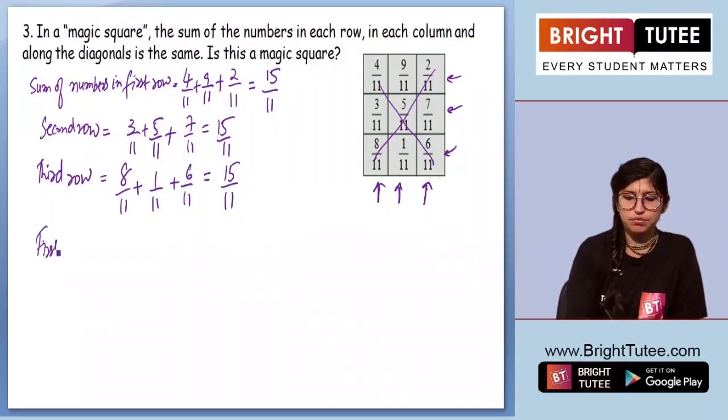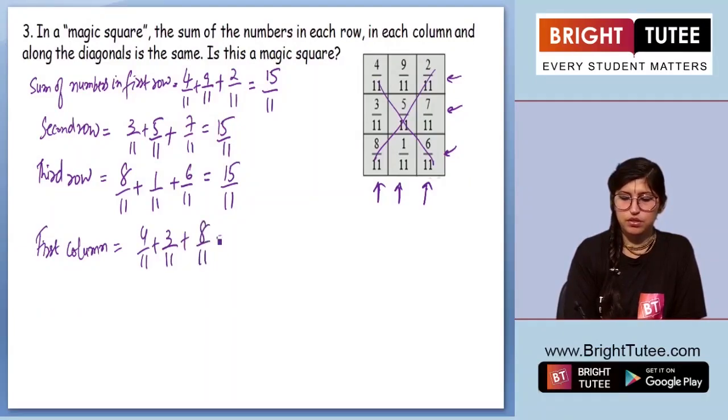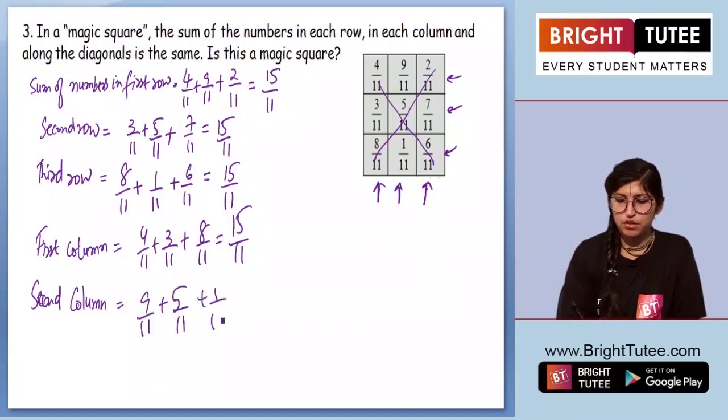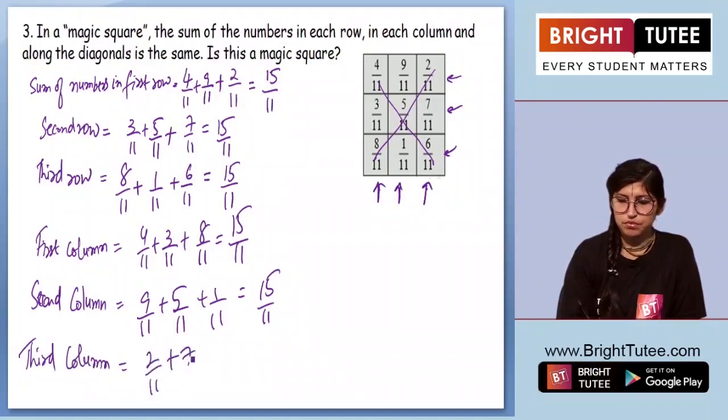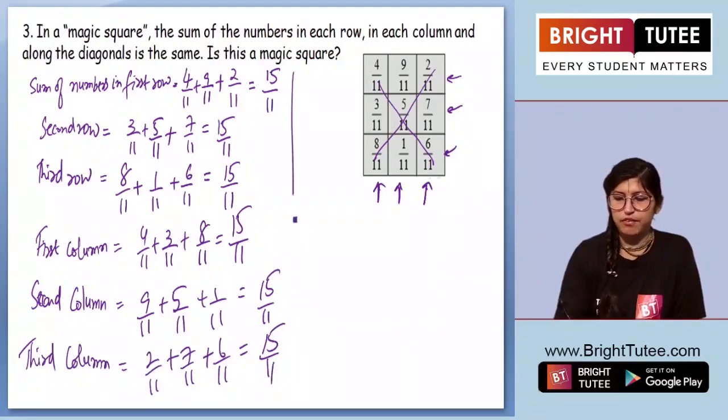So first column. We'll be getting 15 by 11. Second column. Again 15 by 11. Now we'll move on to third column. We'll be getting 15 by 11 only.